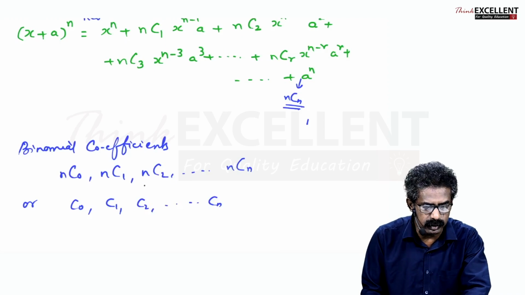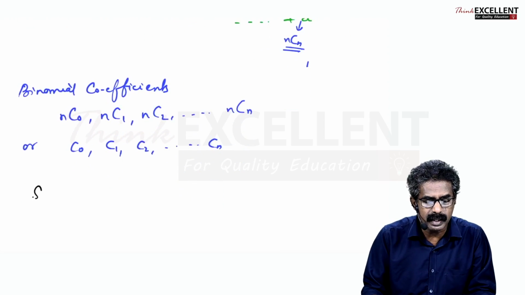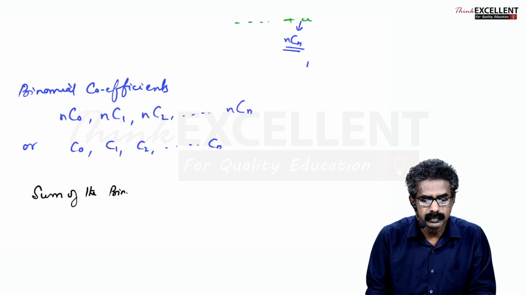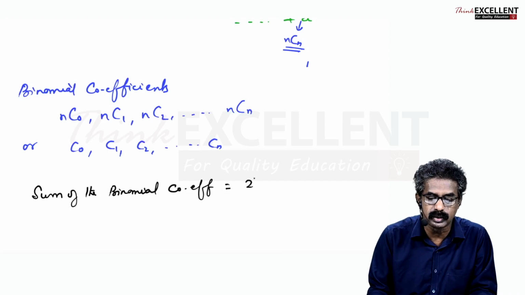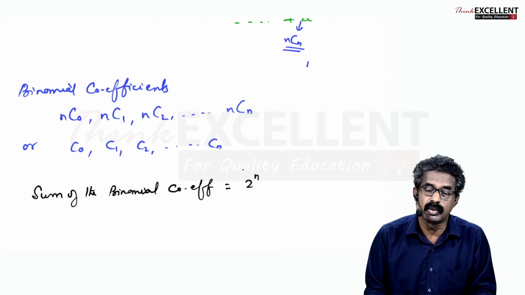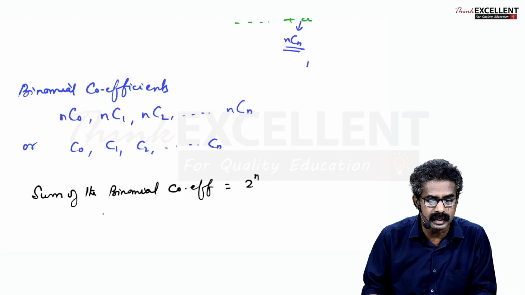Here some of the results I want to teach you. Sum of the binomial coefficients: if you add all these, your answer is 2 raised to n.